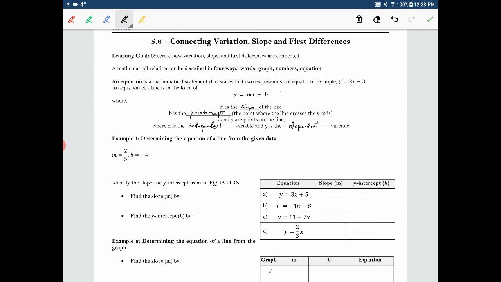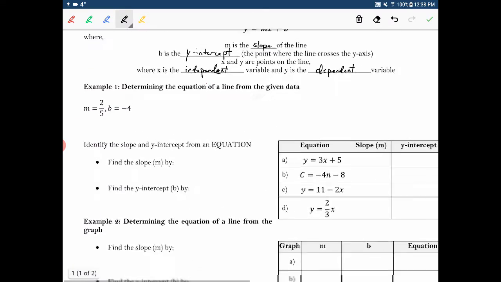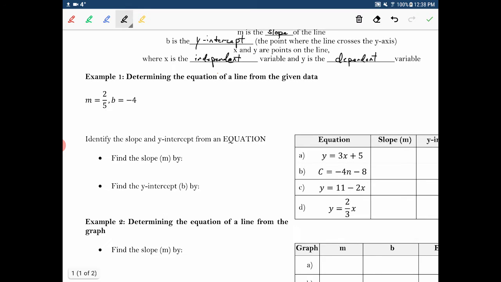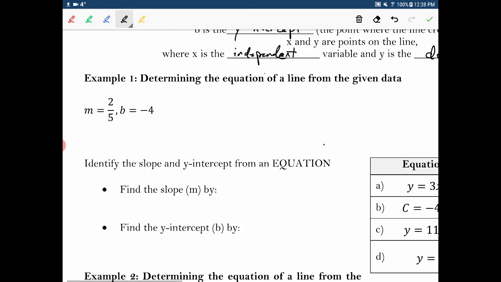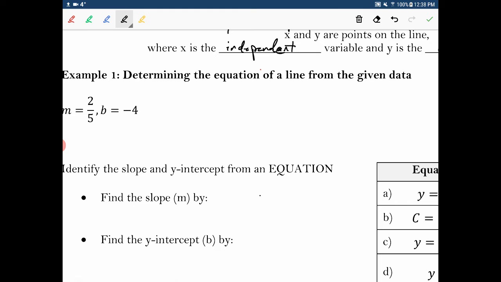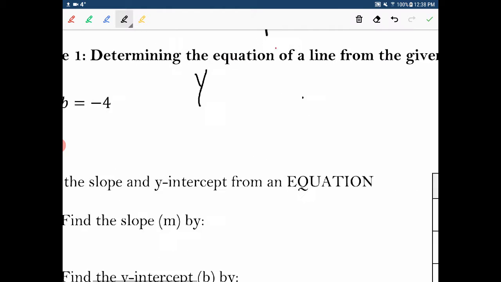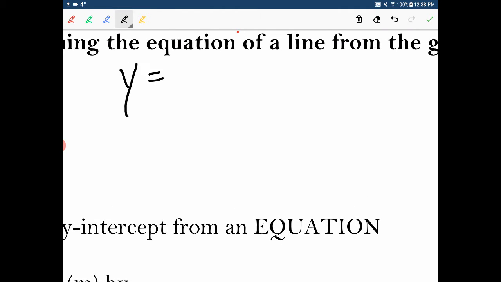Let's see. So for our first example, we've got a slope of 2 over 5 and a y-intercept of -4. Okay, so if we were to put that into an equation, then we would say y equals mx plus b.